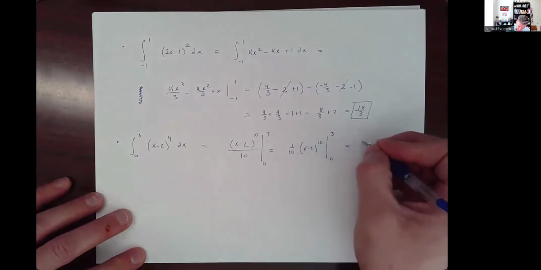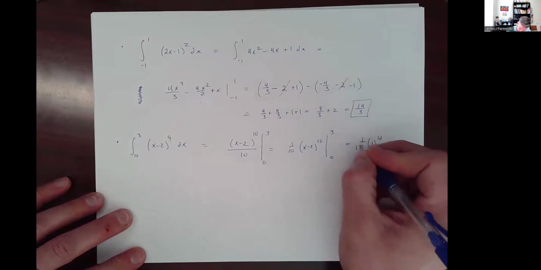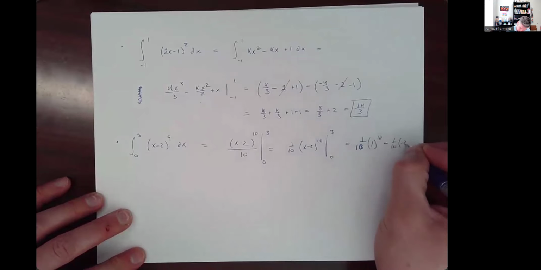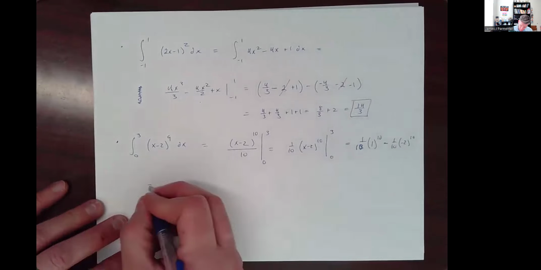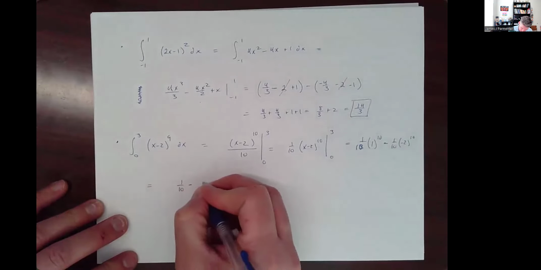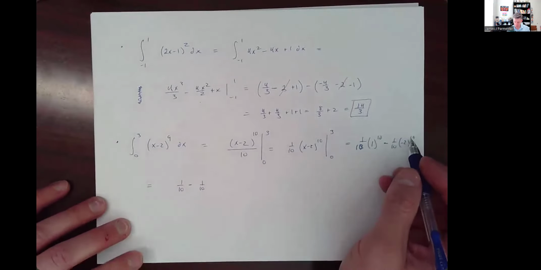So then we plug in the 3. 3 minus 2 is 1. Minus, we plug in the 0, and you get 1/10 times 0 minus 2, which is -2. It's going to be 1/10 minus 1/10 times -2 to the 10th, which will be positive.